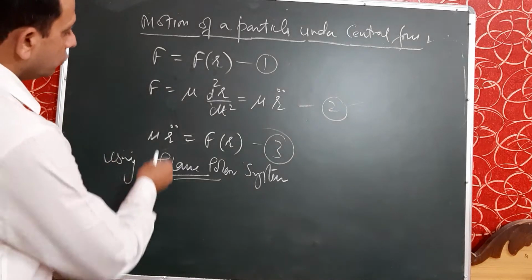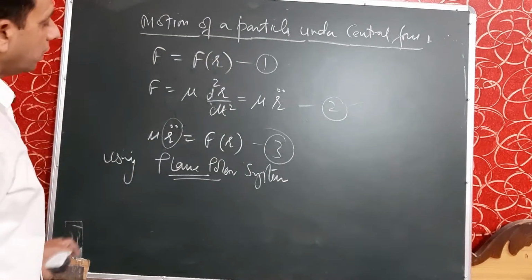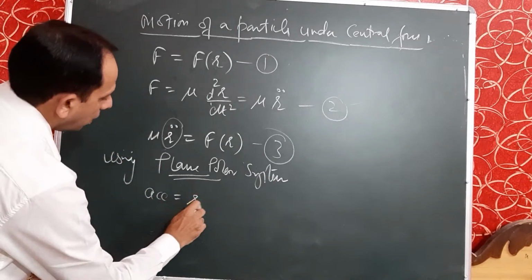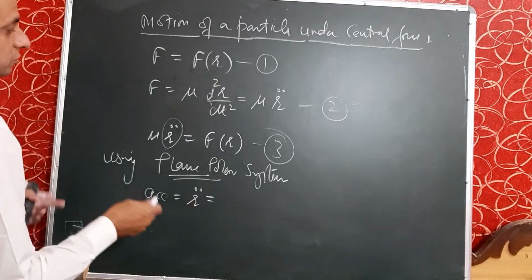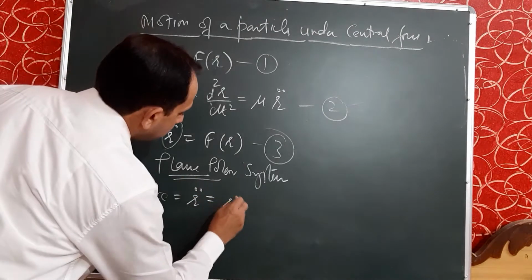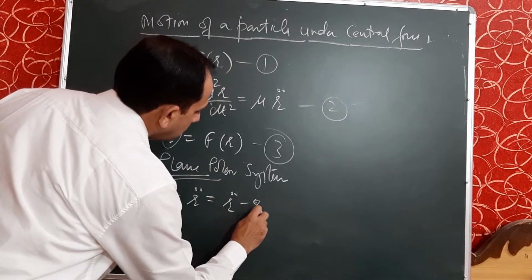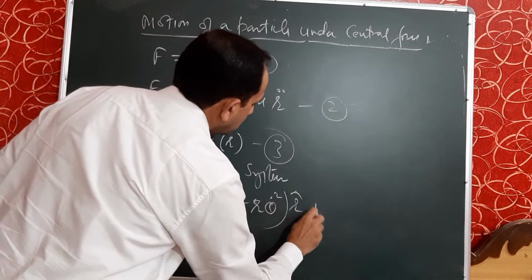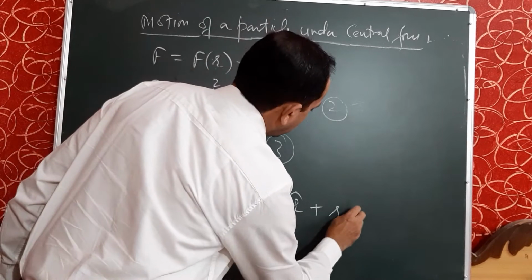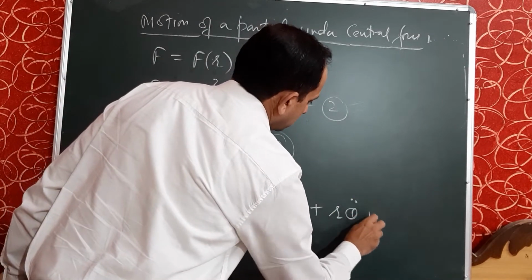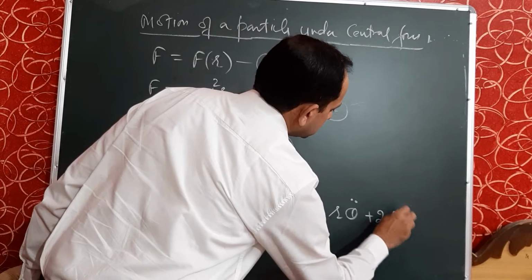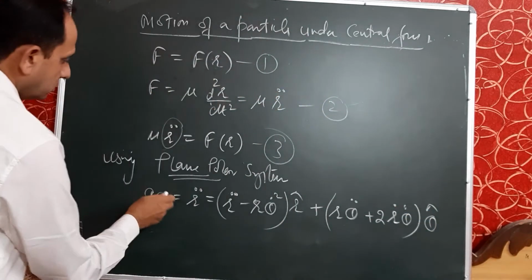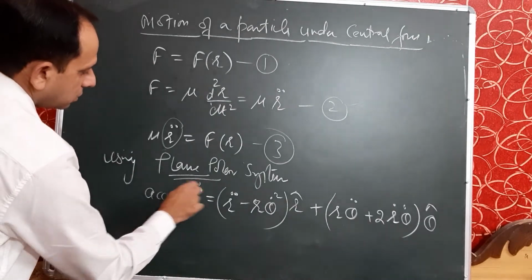So I will use the formula for R double dot, that is acceleration, or its value is R double dot minus R theta dot square into R cap plus R theta double dot plus 2R dot theta dot into theta cap. So this is acceleration, this R double dot in vector form.